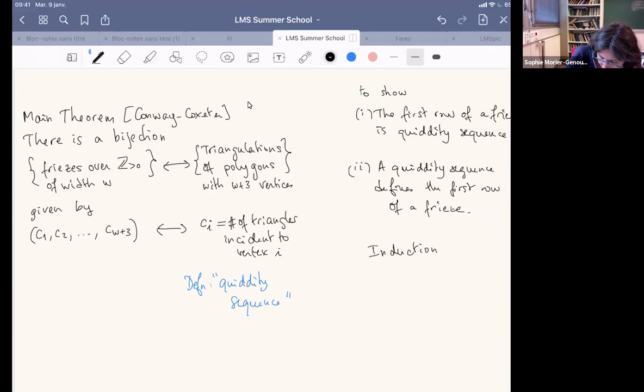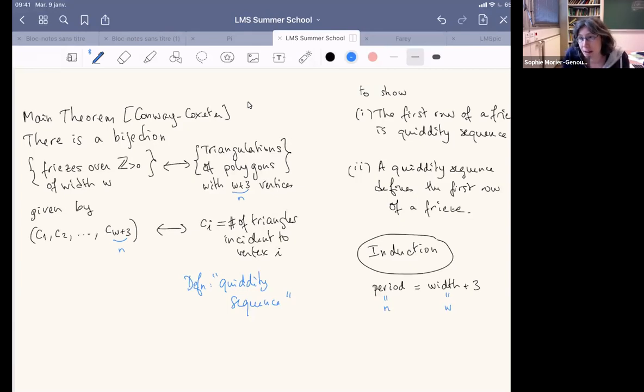That's the main idea, but it's easy to have this idea when you have a finite set. The induction will be on the period or on the width of the frieze. Remember that the period of a frieze is the width plus 3. Usually I will use the letter N for the period and the letter W for the width. Here I would prefer to use the letter N. The induction will be on N or on W if you wish, they are related.